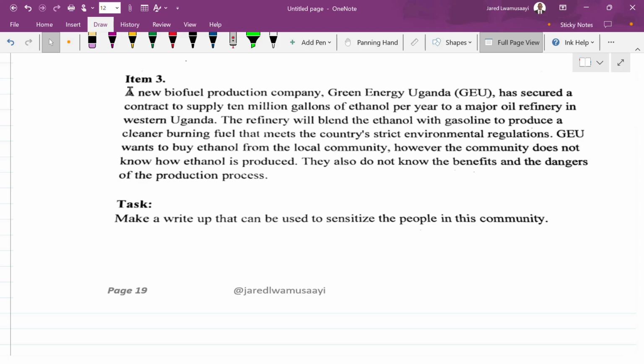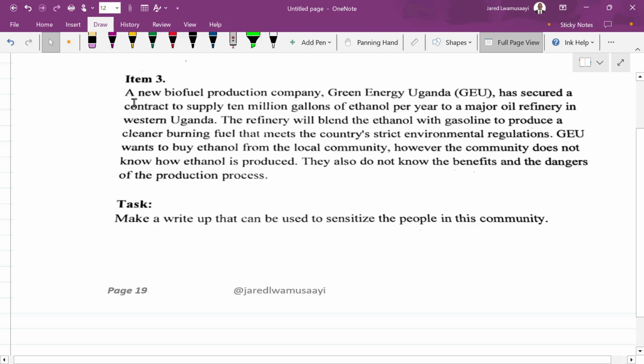or element of construct number 1, which reads, the learner appreciates the contribution of chemistry to the economy. And back to the question, we can read it through together.